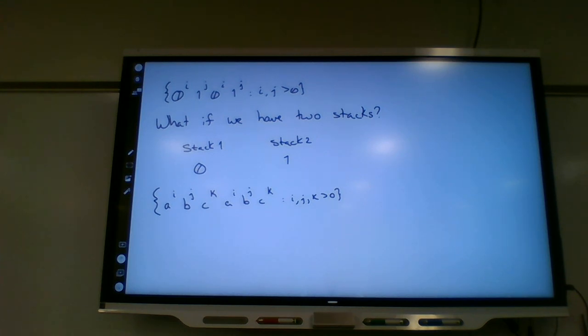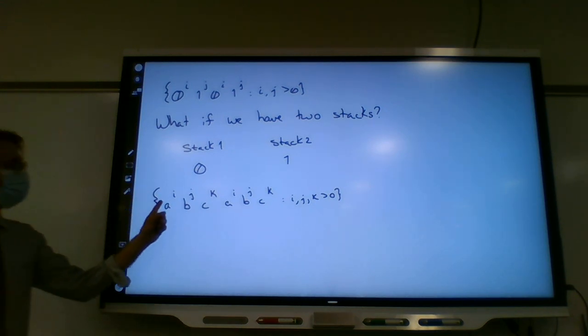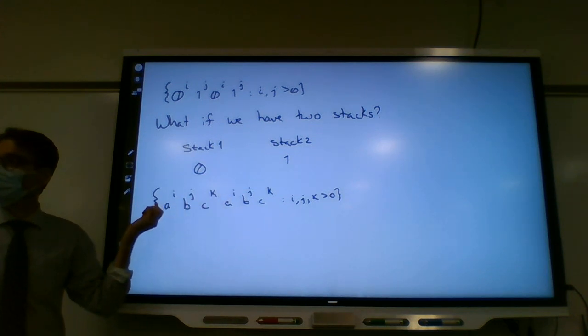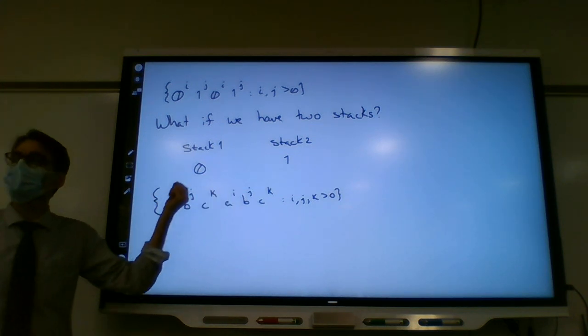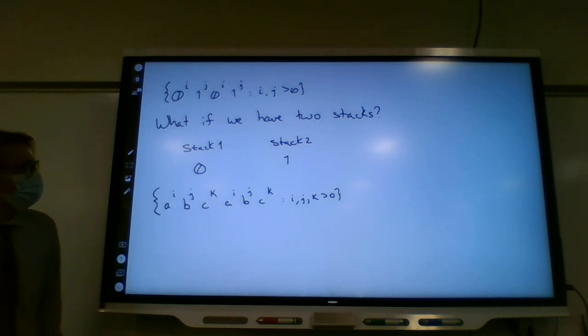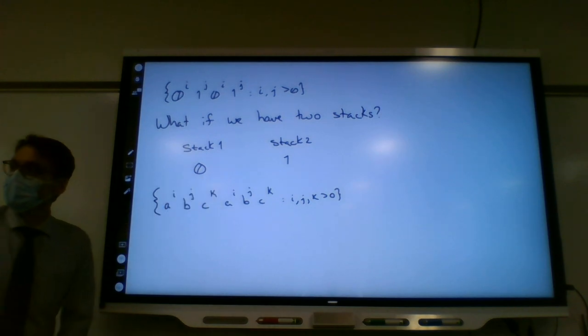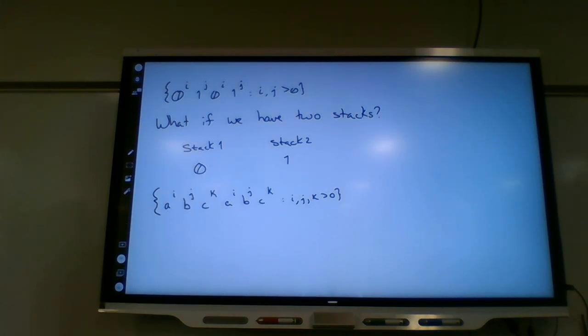What do we know about the 1 stack scenario? We know 1 stack isn't going to work, right? You can't keep track of the A's over here and the A's way over there. Now, if we had K, J, I, we might be able to make that work. So what do you think? Can we do this with 2 stacks?